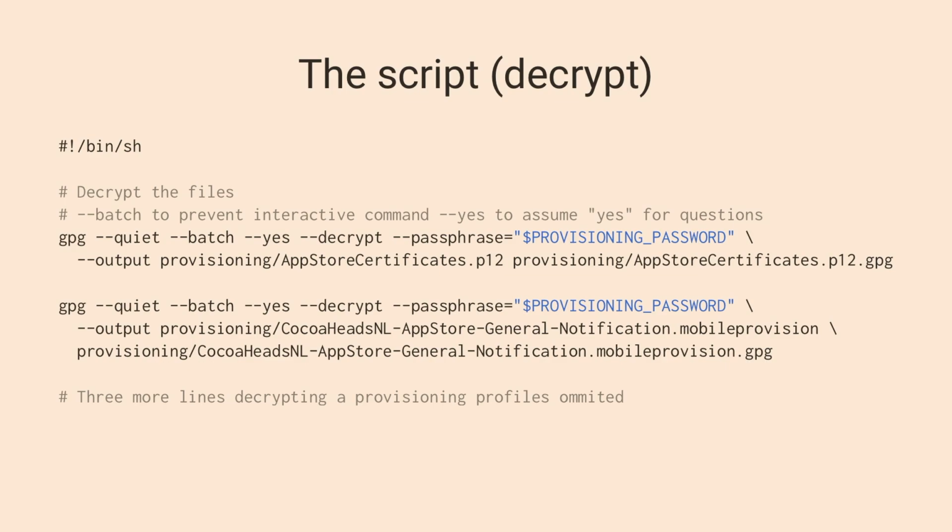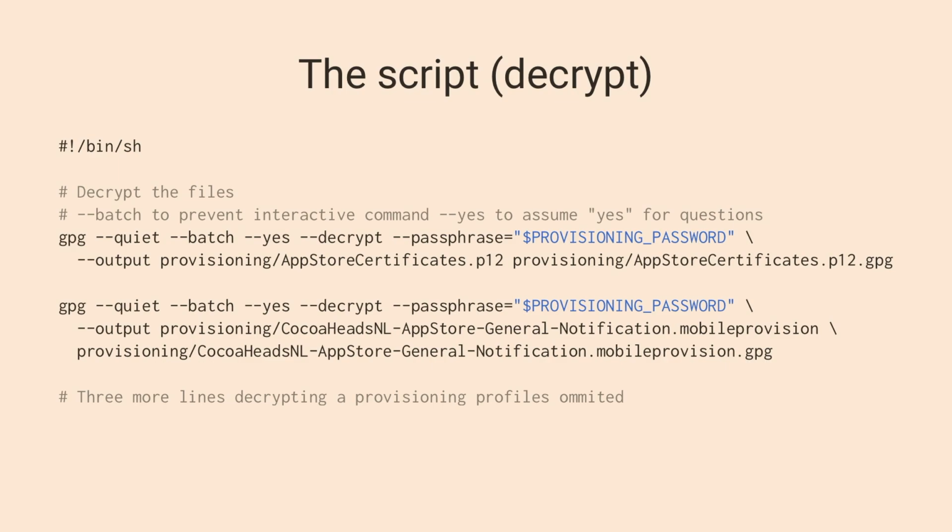So the output is of course the P12 file. Make sure that you export your distribution certificate as a P12 file from Keychain Access. You have to make sure that you both select the private key and the certificate, because otherwise you have a broken P12 file.